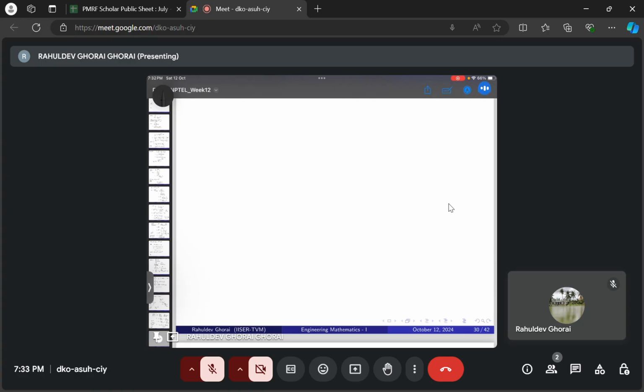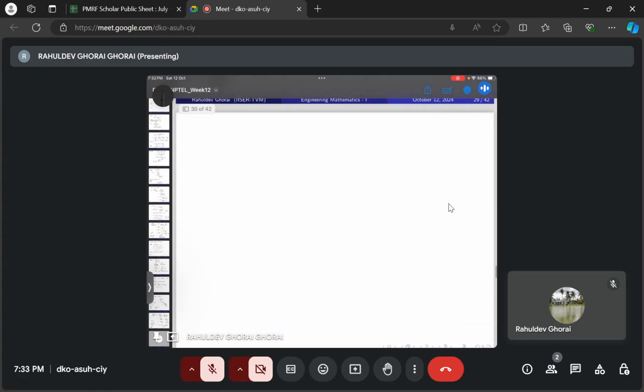So now we have reached the last part of the lecture, where we'll discuss the Cauchy-Euler type of equation. How does it look?